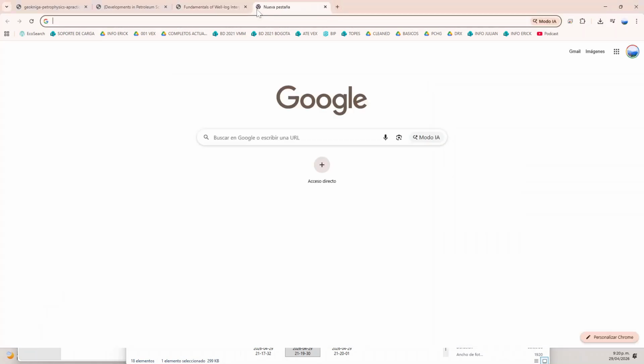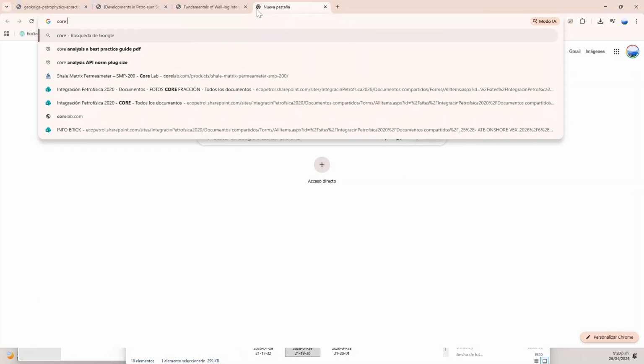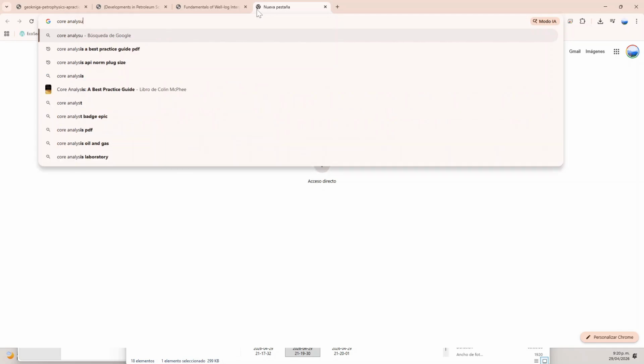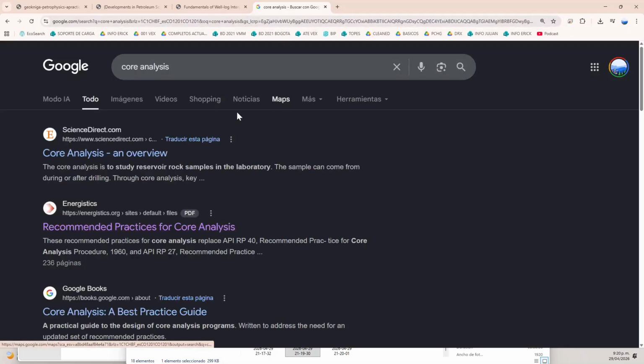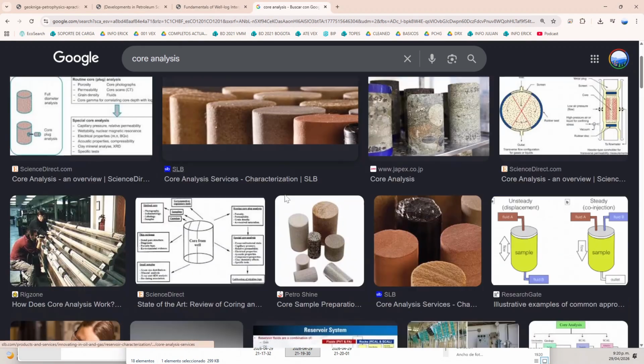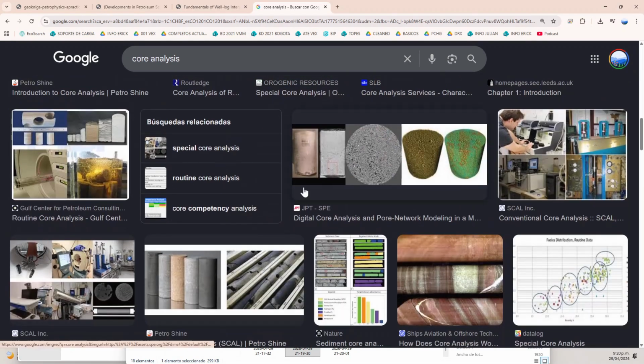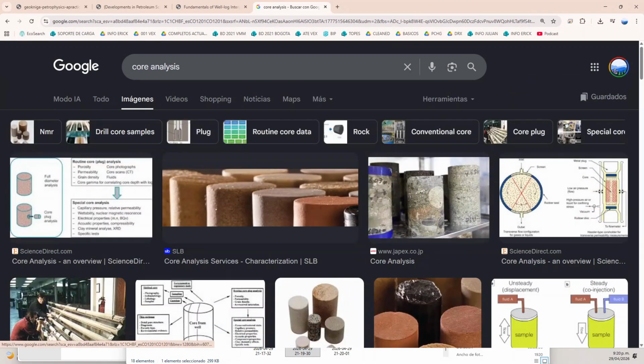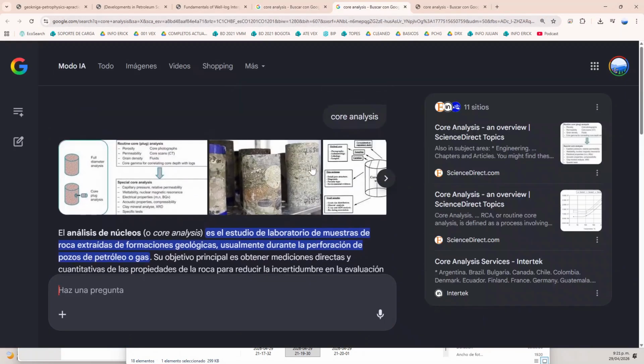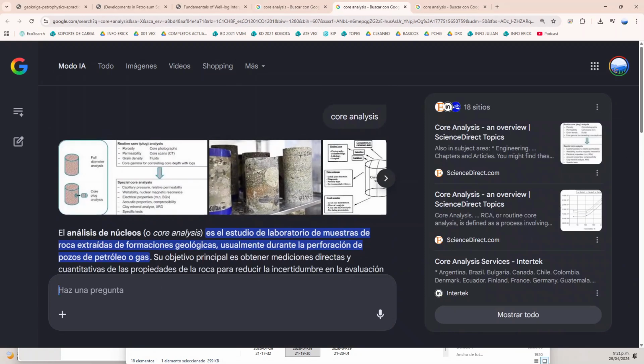Okay, so first we're going to review what core analysis is. It's a very important thing in the oil and gas industry. Let's go with the AI version and what Google says.